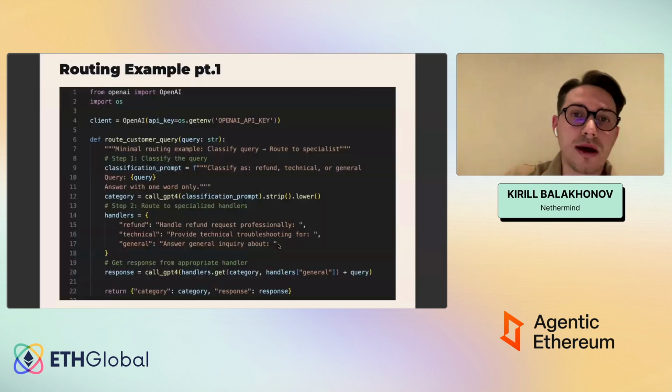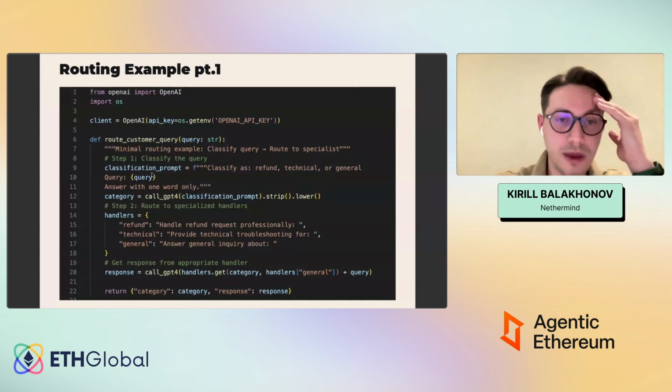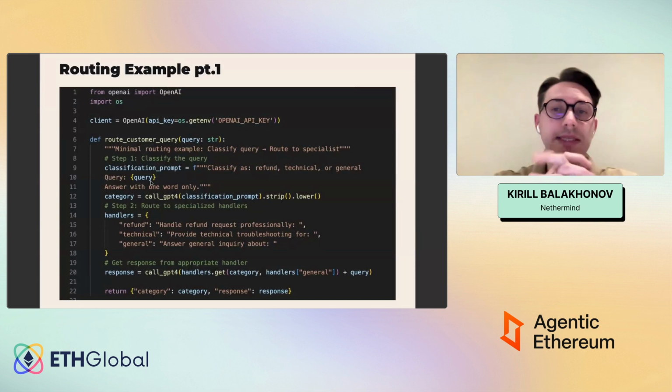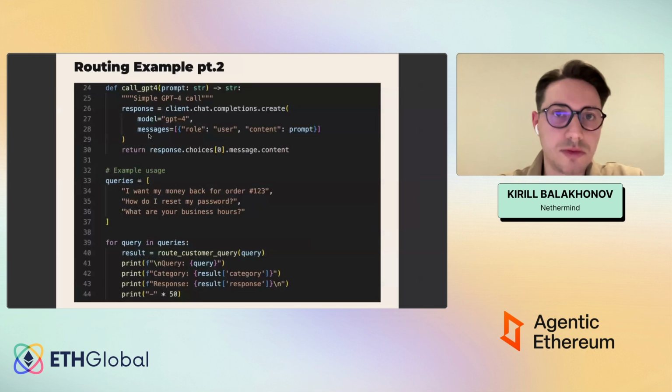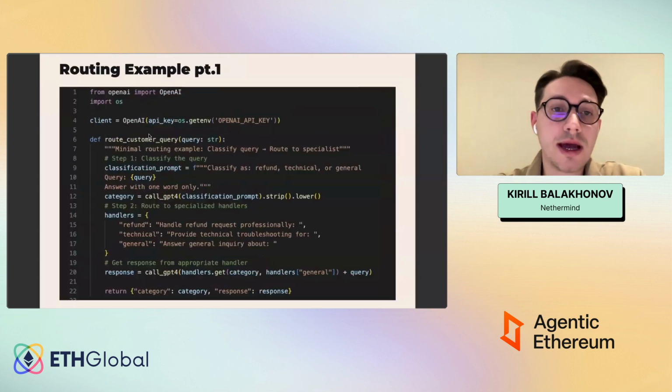For instance, here is the example. With routing, it's like we use an if-else pattern, but on the level of LLMs. In this example, these are two parts of the code.